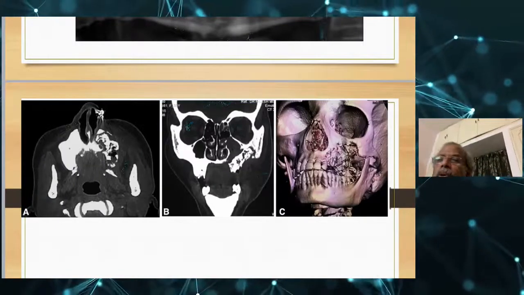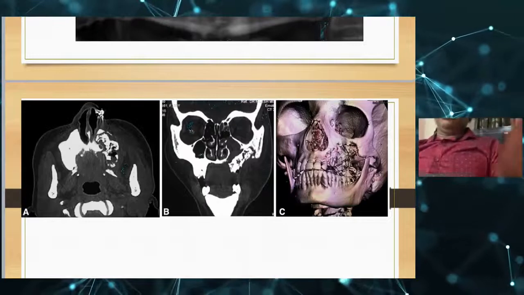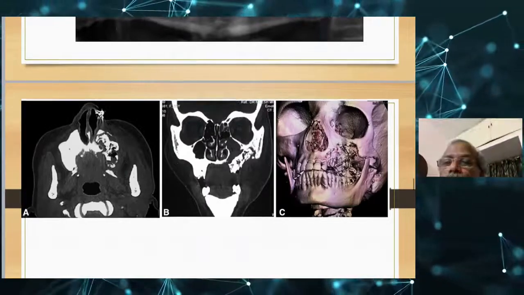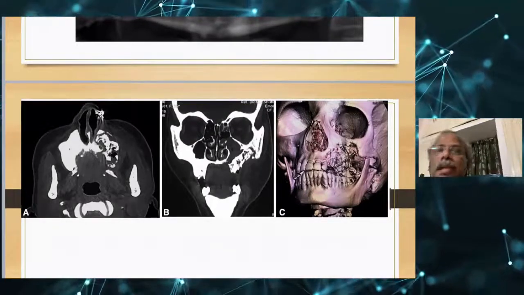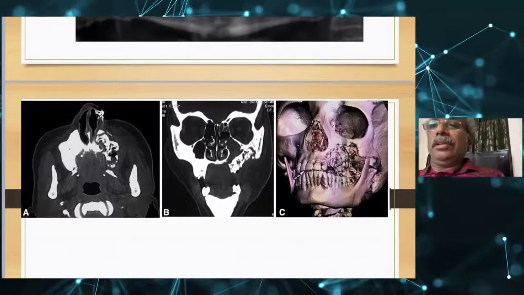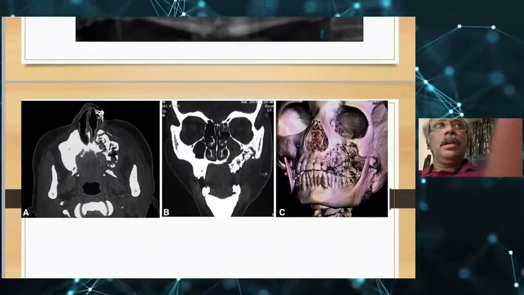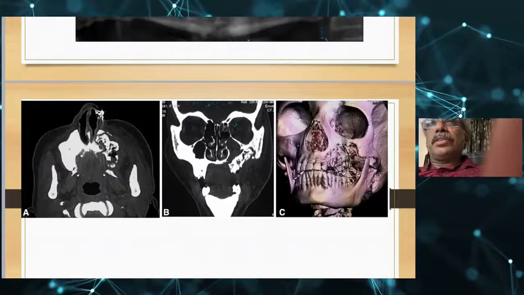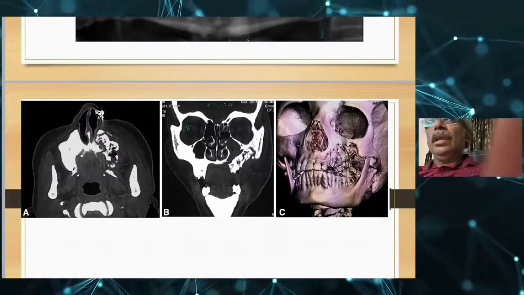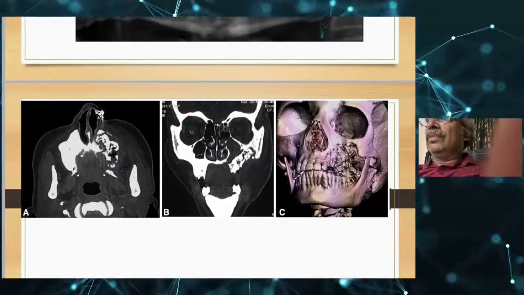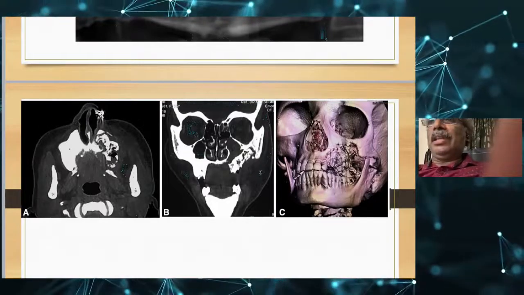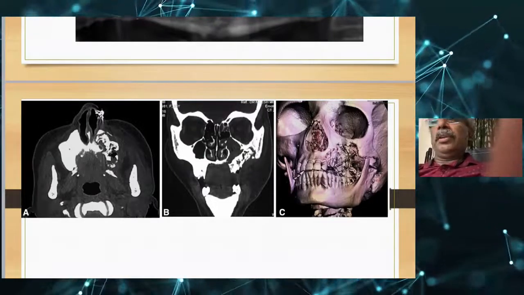So what is important at the end of the day here is to get the correct imaging technique where you can distinguish the infection, where it is coming from, whether it is directly from the nose or from the mastoid or from other areas or from the odontogenic infection.